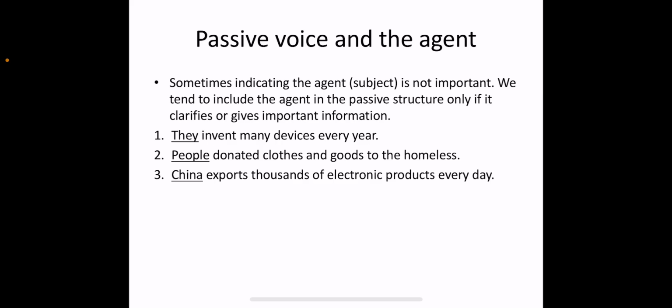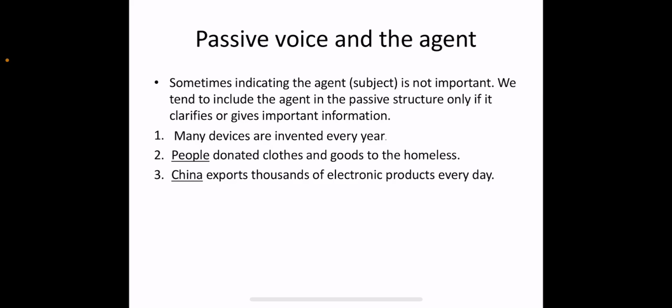What about they? Do I need to include they in my sentence? Is it giving me important information? Let's check. Now I have the converted form. And I can see that I'm not including they in the passive sentence because who are they? It's very ambiguous.